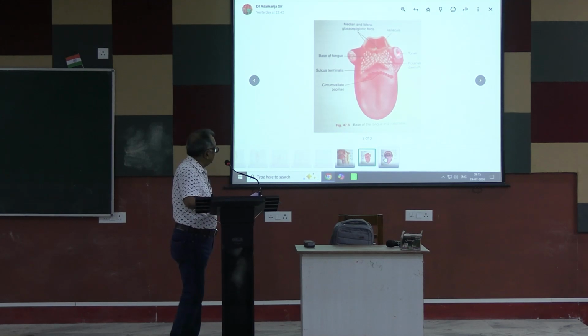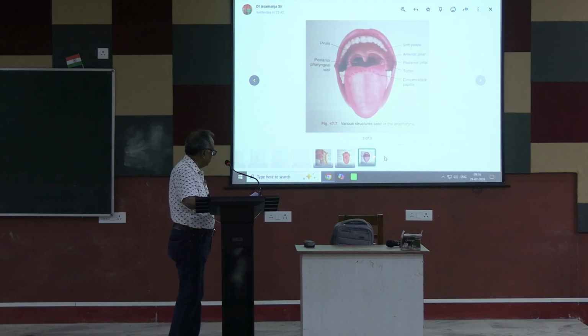The lateral wall is formed by the tonsils, and we get the anterior pillar and the posterior pillar. That is the tonsil, the anterior pillar, and here is the posterior pillar.